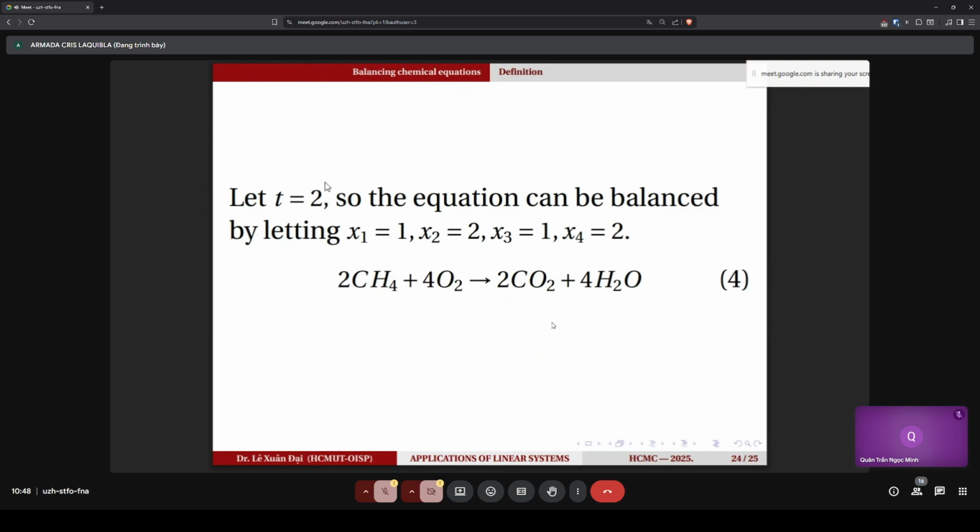When your t here is 4, your x1 is 2, your x2 is 4, your x3 is 2, and your x4 is 4. By the way, for this one we use t equal to 4, not t equal to 2. Again, this answer is correct. These answers also are correct if you substitute them there.